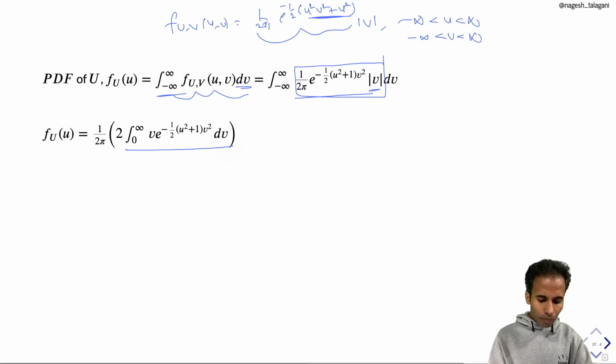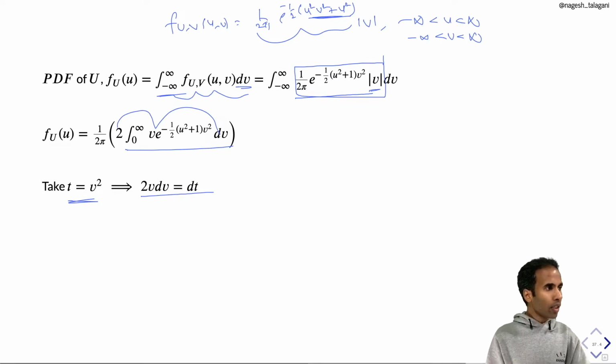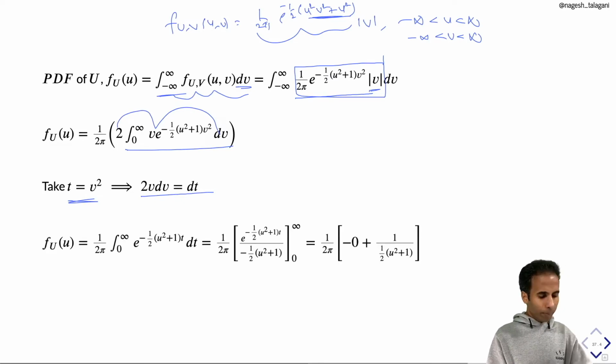Okay. Now let us take the substitution t equal to v square, then 2v dv equal to dt. Here this 2v dv will be dt. Again the t limits also will be 0 to infinity. So this integral is going to be 1 by 2 times the integral from 0 to infinity of e power minus 1 by 2 of u square plus 1 times t dt.